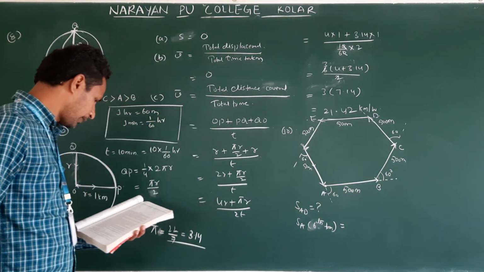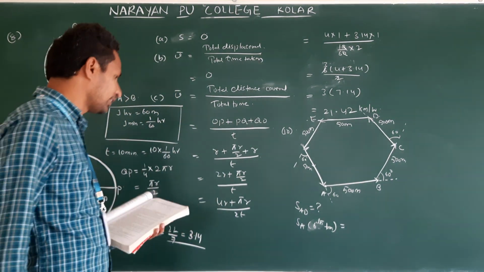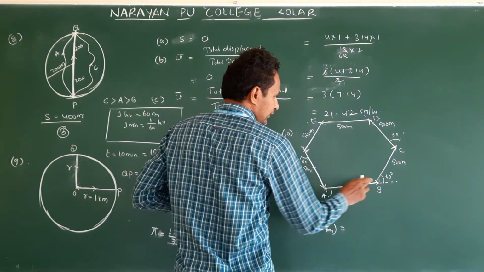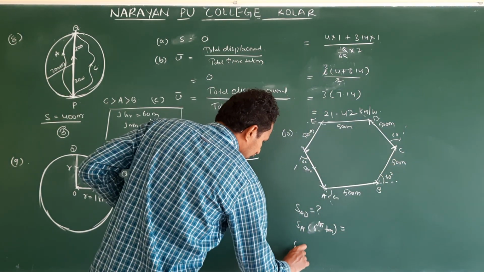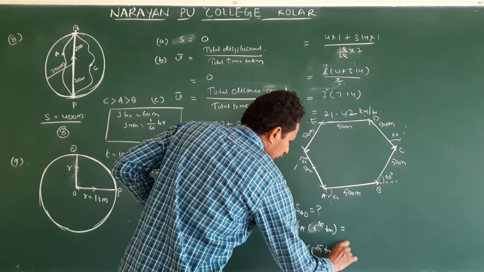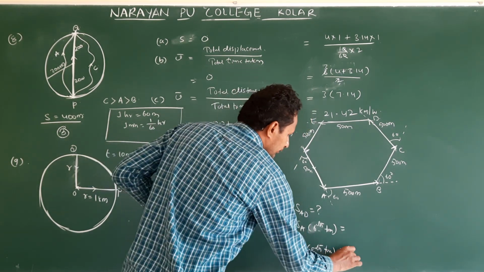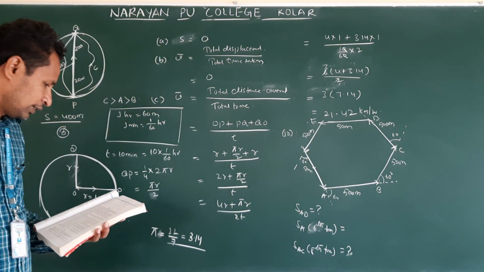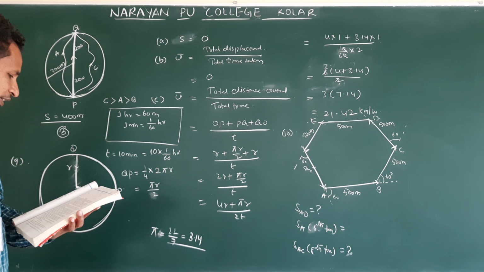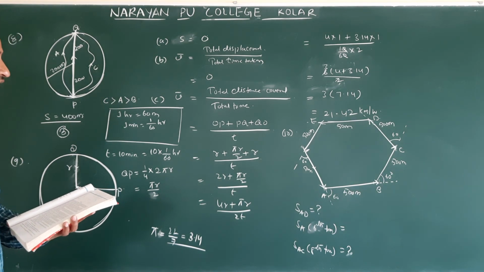Next, the eighth turn. Eighth turn means what? Up to here 6, 7, 8. Yes, AC, eighth turn, question mark. Next, compare the magnitude of the displacement with the total path length covered by the motorist in each case.